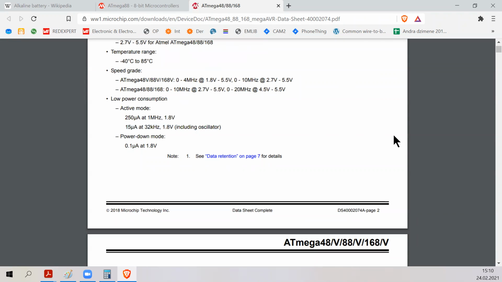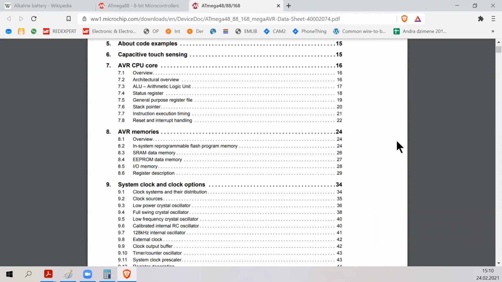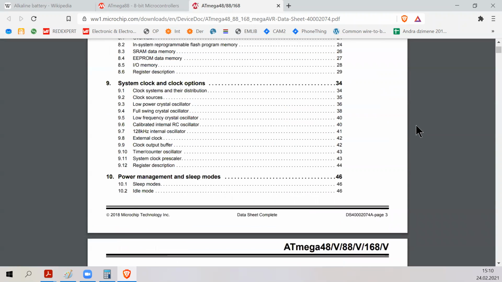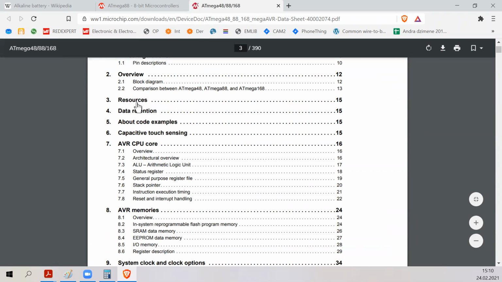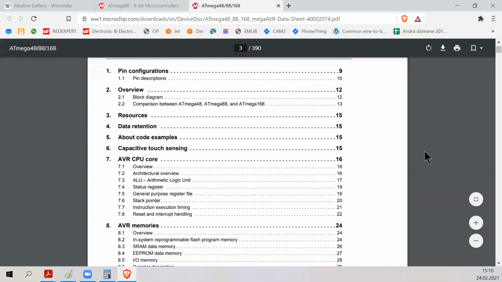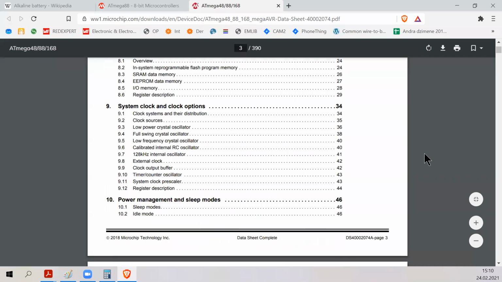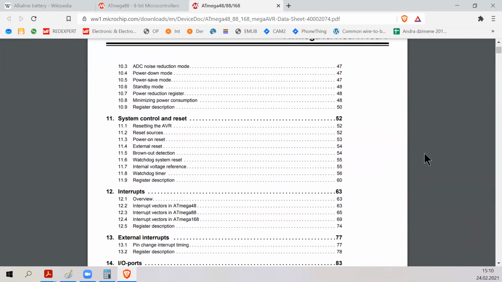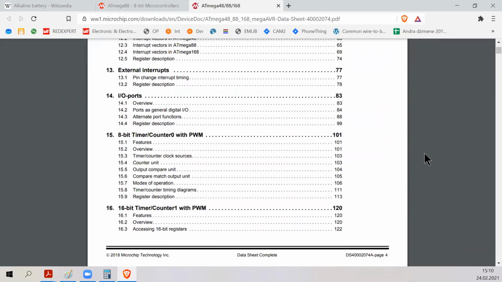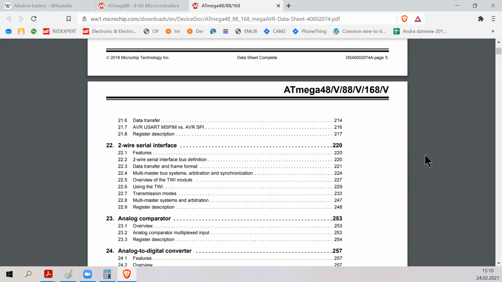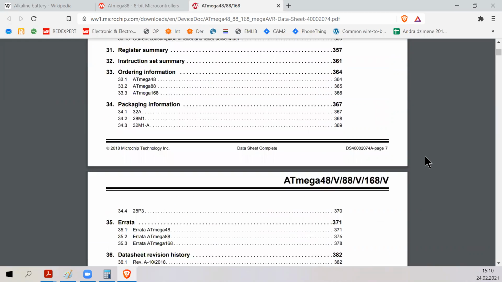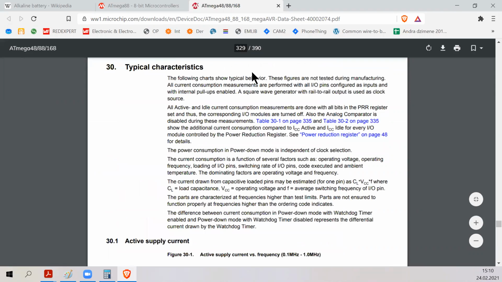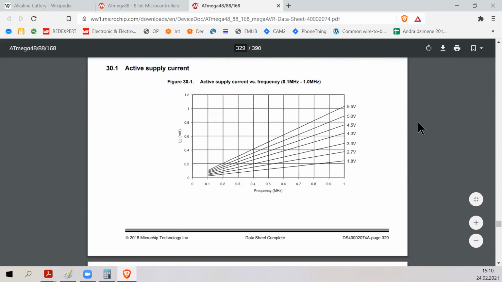This is active mode. Power down mode is smaller. So where can I check it out? Power consumption. I haven't checked this datasheet this year, so the active power supply, let's check out.